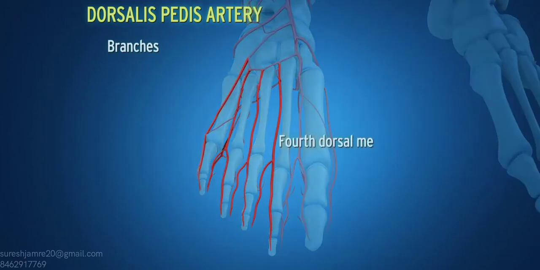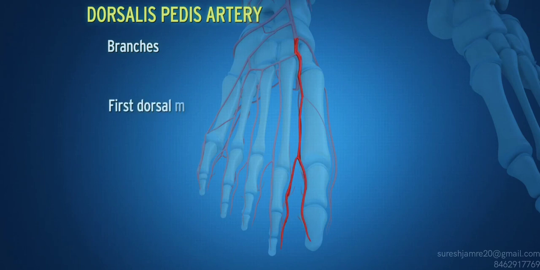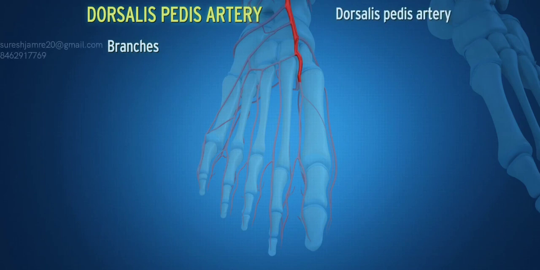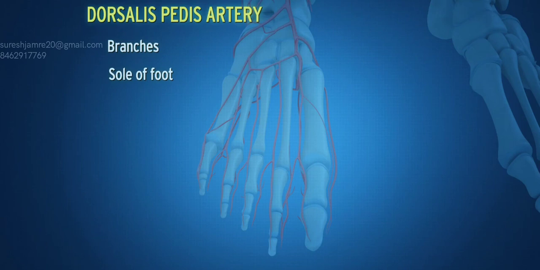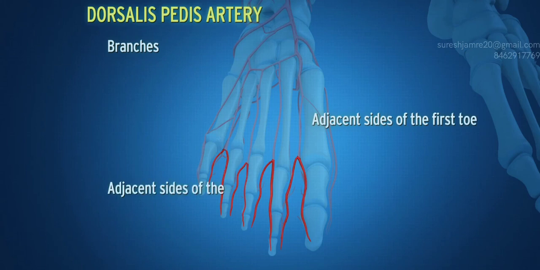The fourth dorsal metatarsal artery sends a branch to the lateral side of the fifth toe. First dorsal metatarsal artery arises just before the dorsalis pedis artery dips into the sole of foot. It gives a branch to the medial side of the big toe and divides into dorsal digital branches for adjacent sides of the first and second toes.